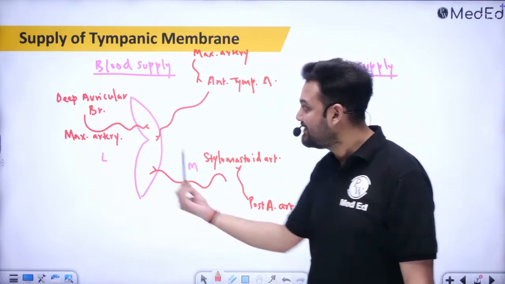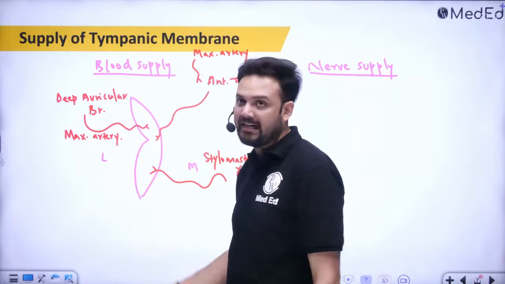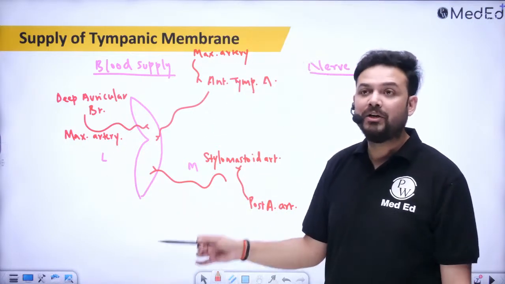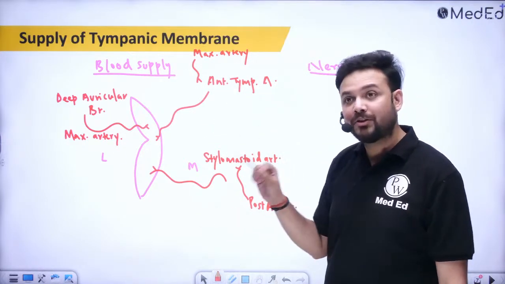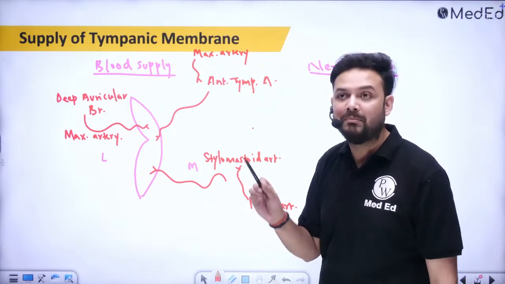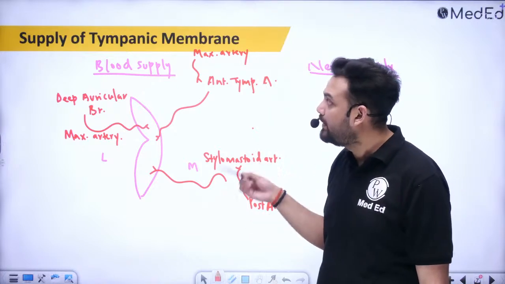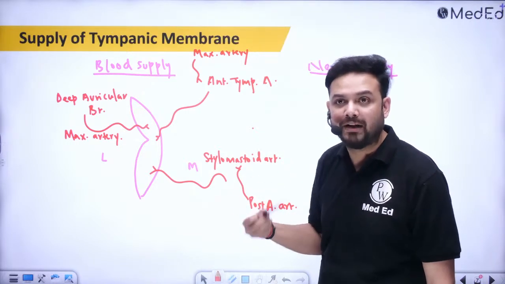And on the lateral side, I've got the deep auricular branch of the maxillary artery. If you remember this, you're also going to remember the arterial supply of my middle ear. The same arteries are supplying my middle ear compartment. Okay, fine. So this is how we read the blood supply of the tympanic membrane.